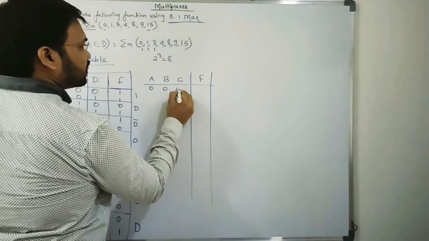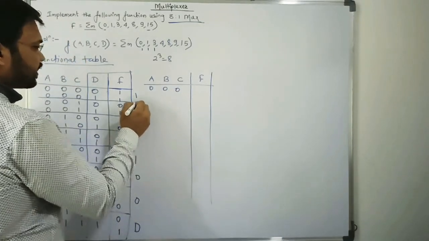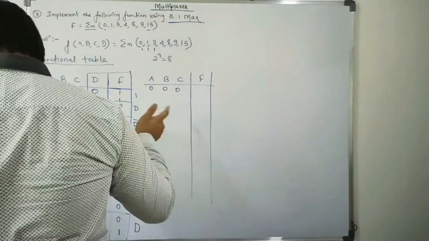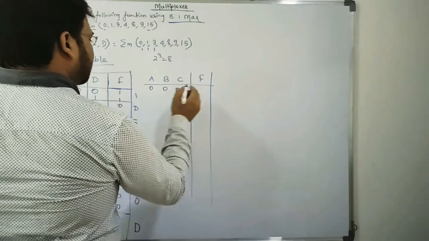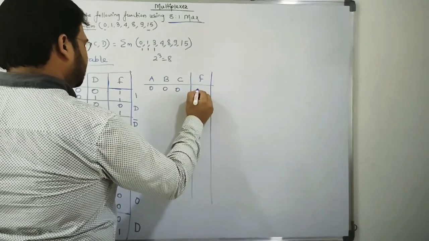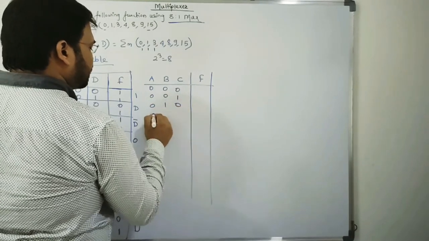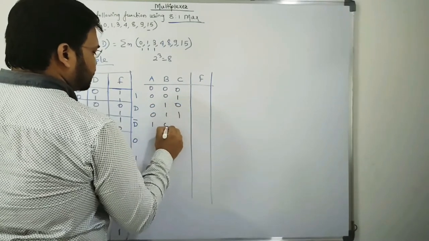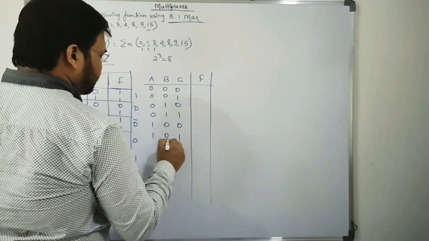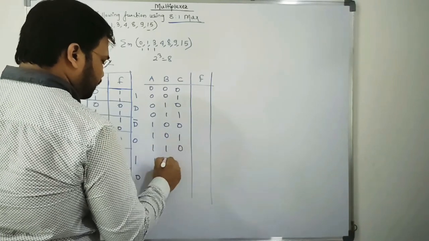So we have to again, by using 0 0 0 we can say that 8 inputs, or directly we can find it: 0 0 1, 0 1 0, 0 1 1, 1 0 0, 1 0 1, 1 1 0 and 1 1 1.